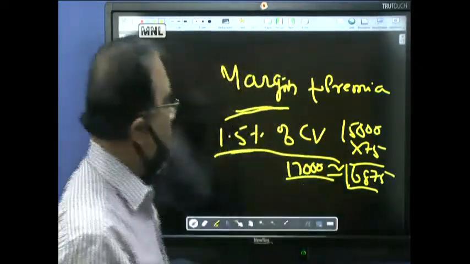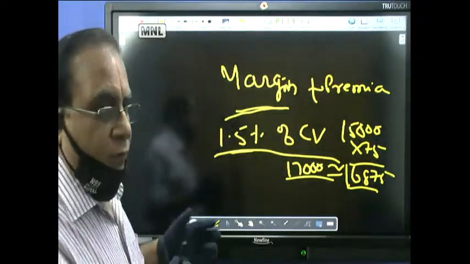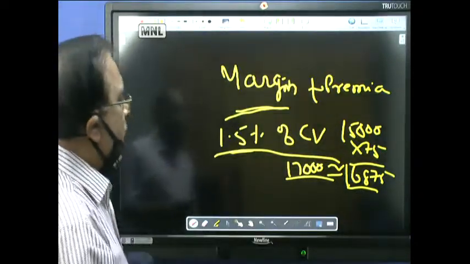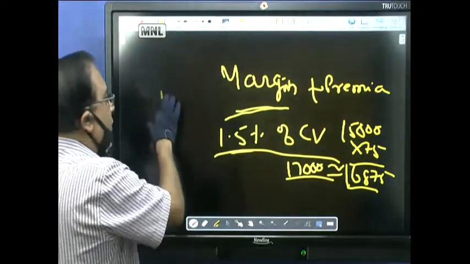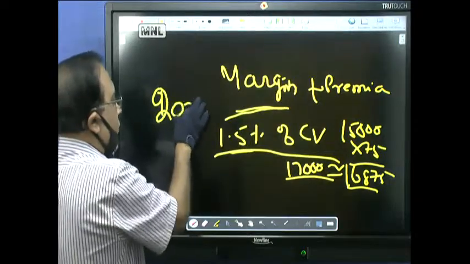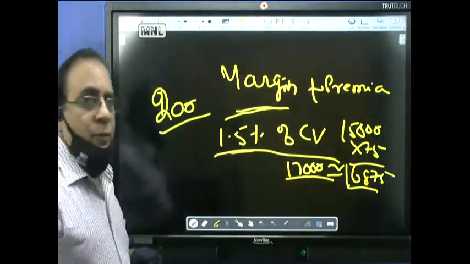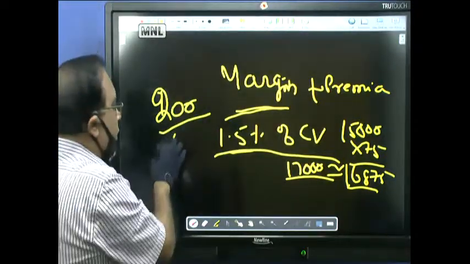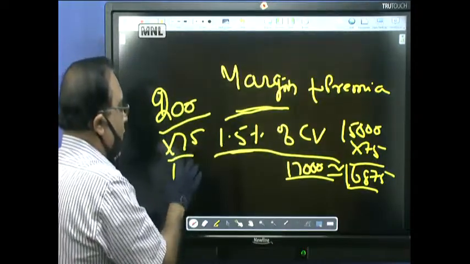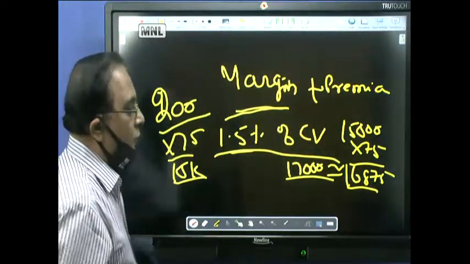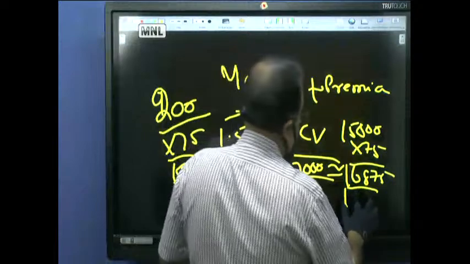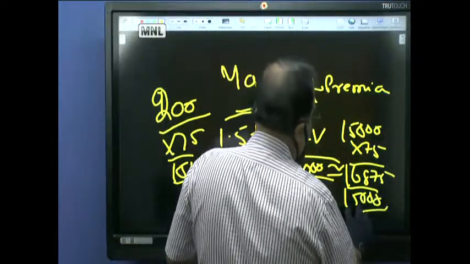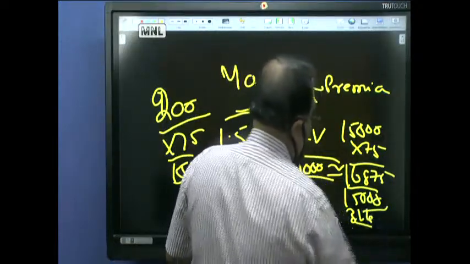Then of course there is the premium involved, the difference in premium, and assuming you are paying even 200 rupees as the difference in the spread, approximately into 75, this will come to 15k. So 15,000, and approximately you may require some 31k or so.